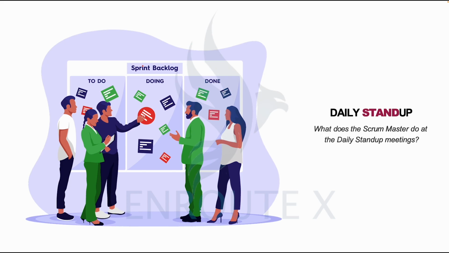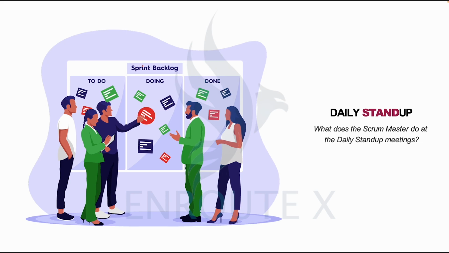So as a quick background, what happens during the daily stand-up? The daily stand-up on its own is a meeting where all the developers, the Scrum team, come together. And I made mention that the product owner is not mandated to come for the daily stand-up.